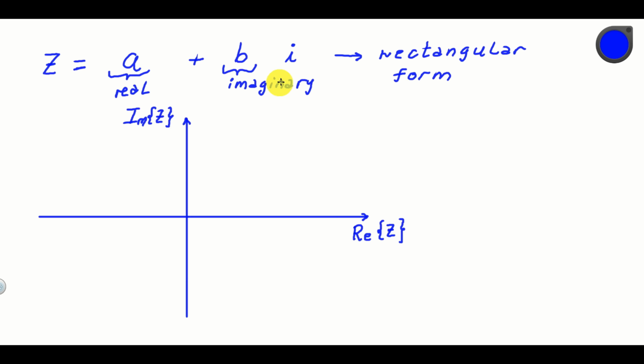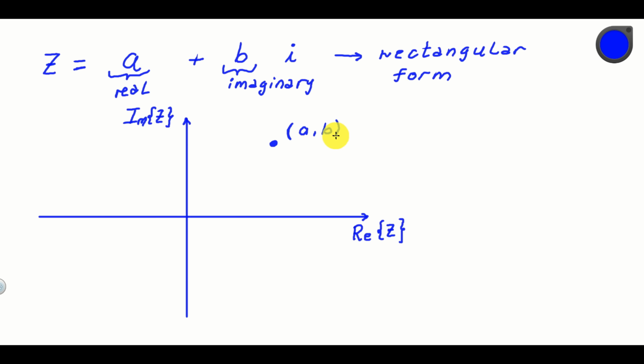A complex number is actually a point in this plane. For example, this point over here. And this point has the coordinates a and b.